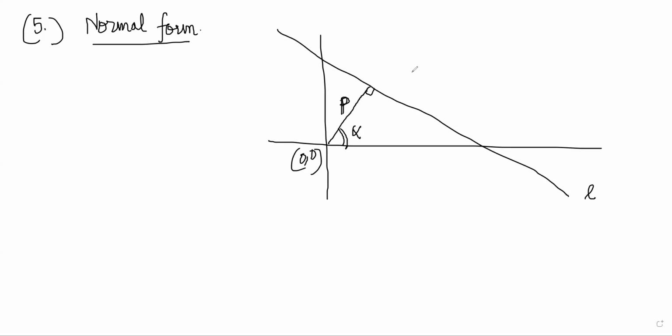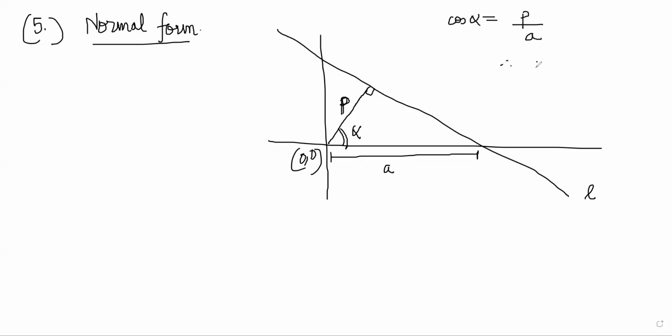In this case, what we can see from this figure is that this length is p. So what is this length? You can easily look at this right angle triangle and figure out that if this length is a, cos alpha is clearly p by a, right?